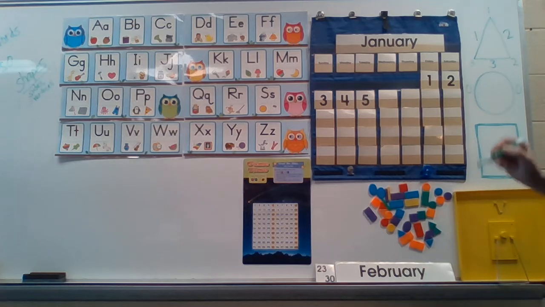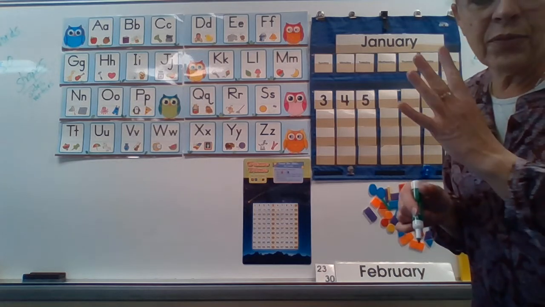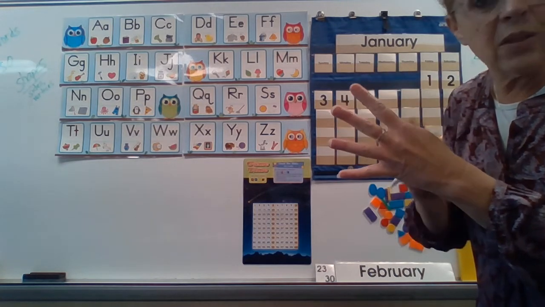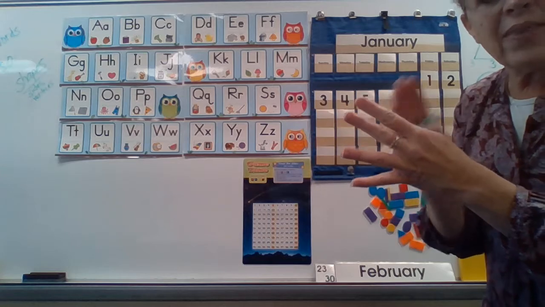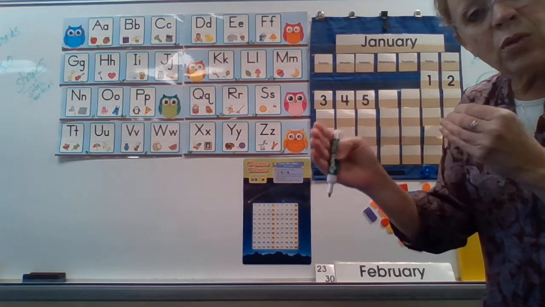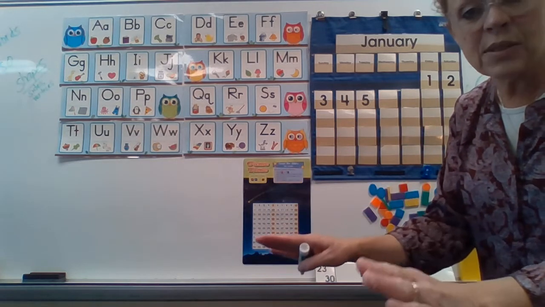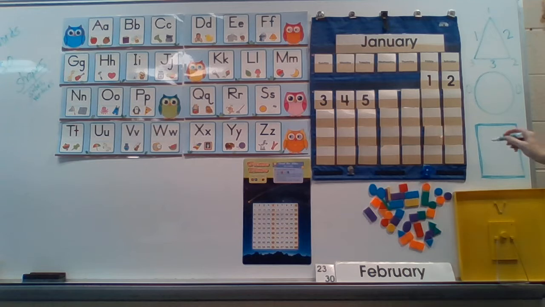Now let's look at this square. Now, what do we know about squares? Well, we know they have 4 sides, and those sides are all the same size. And that's what makes it different from a rectangle, because a rectangle has 2 longer sides and 2 shorter sides. But a square, all the sides are the same size. So let's count those.